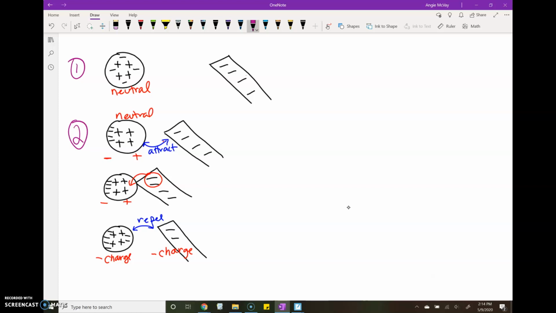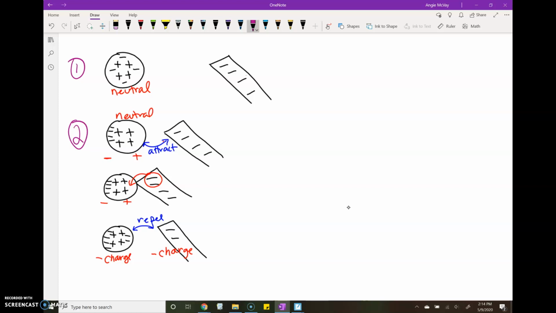Charges always want to neutralize. So when that happens, and then we separate the wand from the pith ball, all of the charges will end up evening out in the pith ball. This pith ball has a net negative charge now. The wand still has a net negative charge.